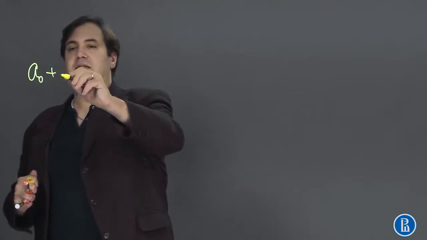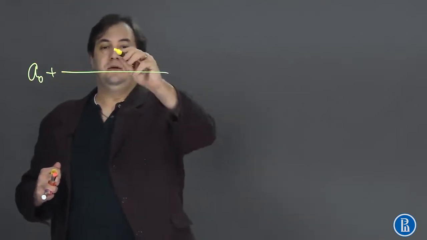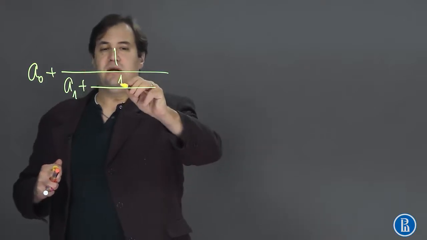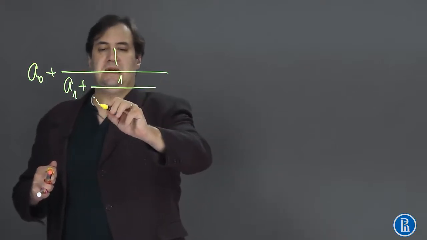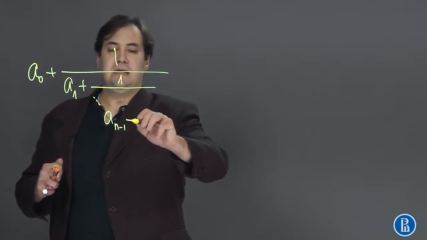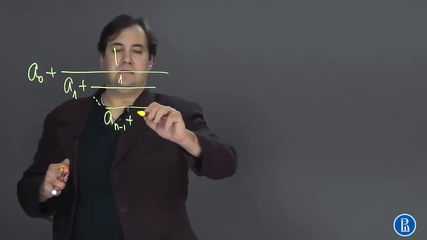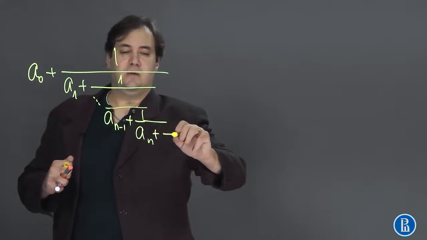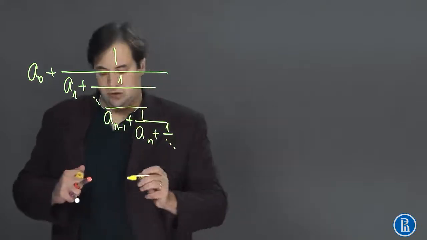So, we have a continued fraction, say a0 plus 1 over a1 plus 1 over, and so on, a n minus 1 plus 1 over a n plus 1 over and so on.